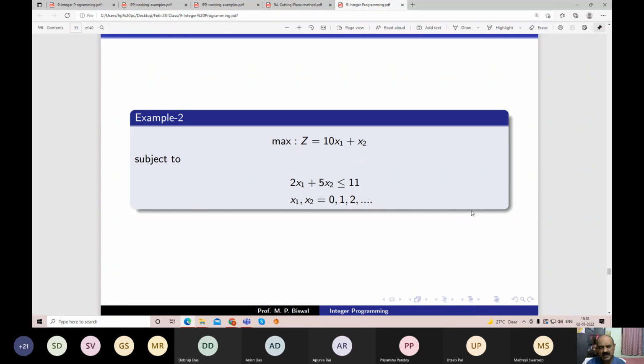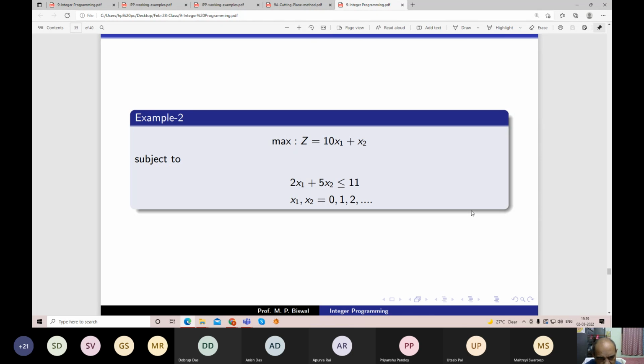If I set x2 equal to 0, then 2x1 equals 11, so x1 equals 11 by 2. Then 10 into 11 by 2 is 55. The objective function value becomes 55, with x1 equal to 11 by 2 and x2 equal to 0. That is giving the maximum.